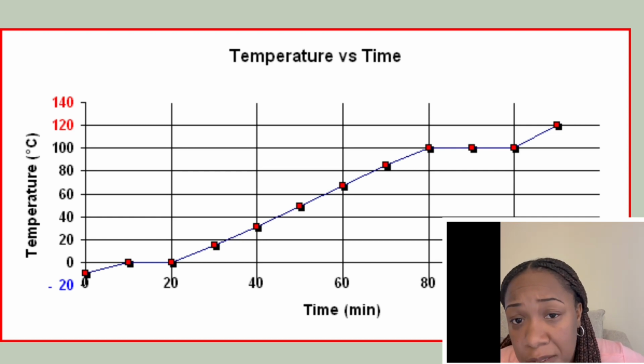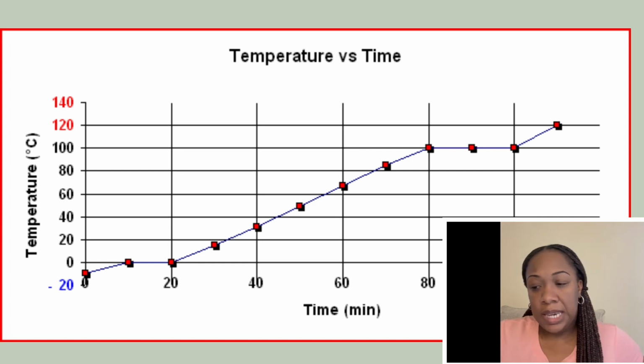If I add any form of impurities to my water, it's going to lower the melting point and lower my freezing point. Consequently, if I add any impurities to water, it's going to increase my boiling point. So impurities lower the melting point, lower the freezing point, but increase the boiling point.